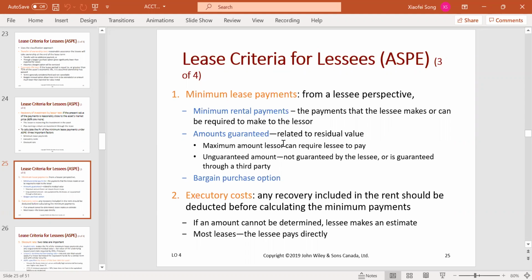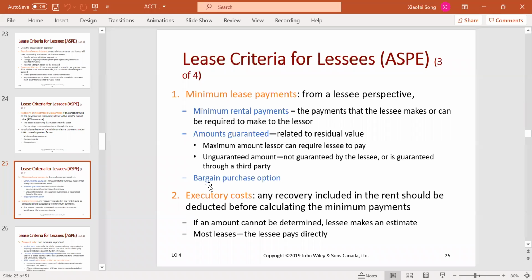That's when the residual value is guaranteed. If the residual value is guaranteed, that should be included in the minimum lease payments. And if there is a purchase option and the purchase price is lower than the fair value, it is considered a bargain purchase option, which should also be included in the present value calculation.